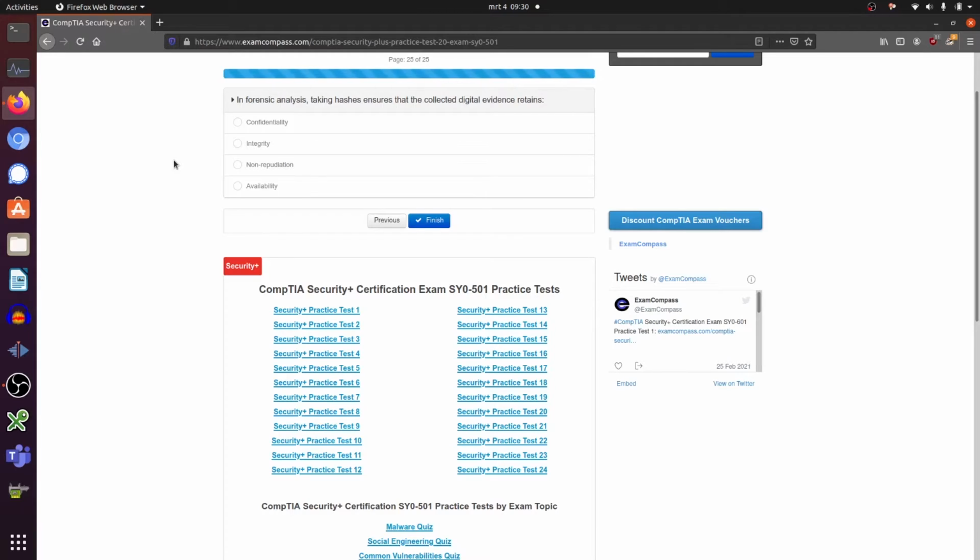In forensic analysis, taking hashes ensures the collected digital evidence retains its integrity. When they talk about hash values, it's always about data integrity. You might have noticed that when you download an image from the internet, especially images like Ubuntu or other Linux distributions, they almost always offer a hash value.